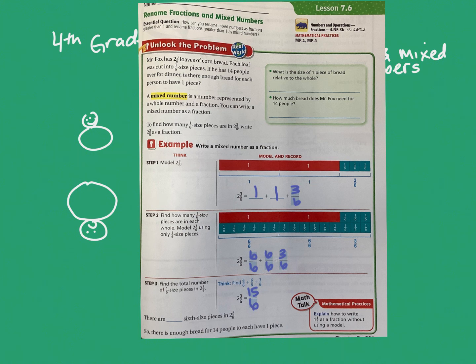So remember, in our scenario up here, he has 14 people over for dinner. And if he cuts those 2 loaves into 6 slices each loaf, and this is how much he has, does he have enough for 14 people? Well, he has 15/6, 15 slices basically. So there are 15 6th-size pieces in 2 and 3/6.